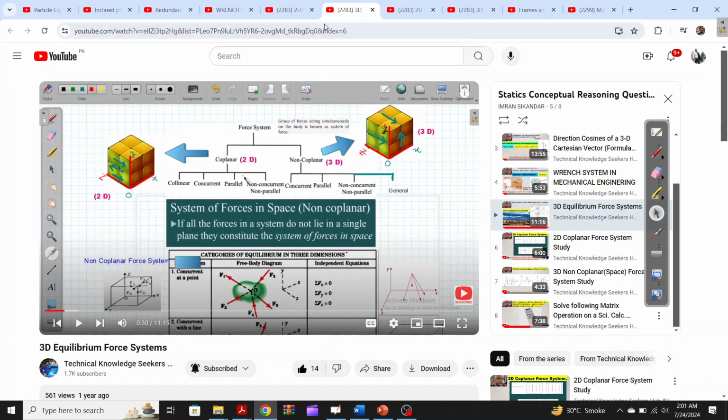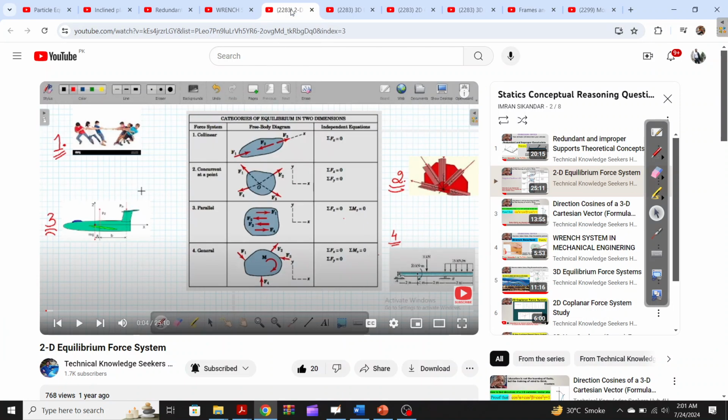And again, for further explanation, 2D and 3D explained together is this one. And this is very important, where basic 2D equilibrium force systems are explained with their independent equations that sometimes can come, with just the collinear lines here, and the free body diagram with their independent equations.